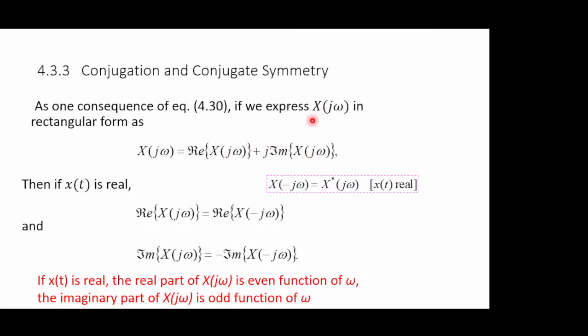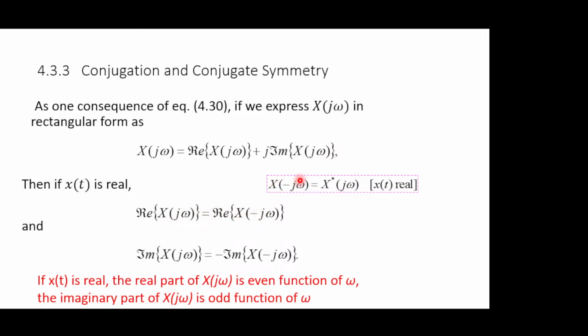You can always do this for any X of j omega, just because it's a complex function. So there is a real part of big X and the imaginary part of big X. Now we think about what happens if small x is real, then big X of minus j omega equals the complex conjugate of X of j omega. And you combine this with this, then you see that.